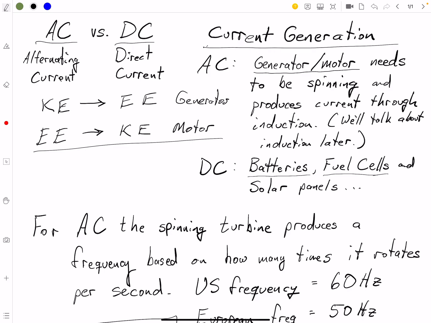So you can look into fuel cells if you're interested. Of course, solar panels are an excellent way to convert solar energy into DC power.